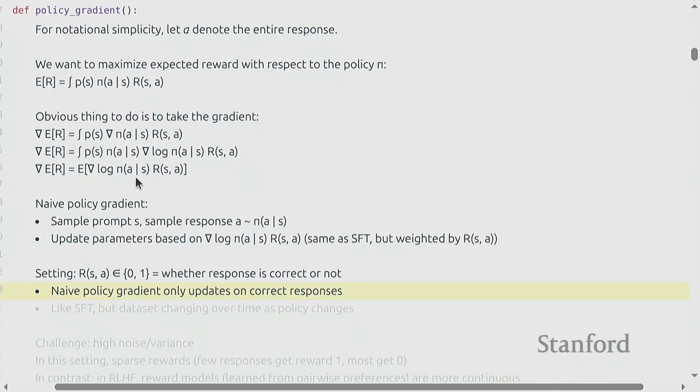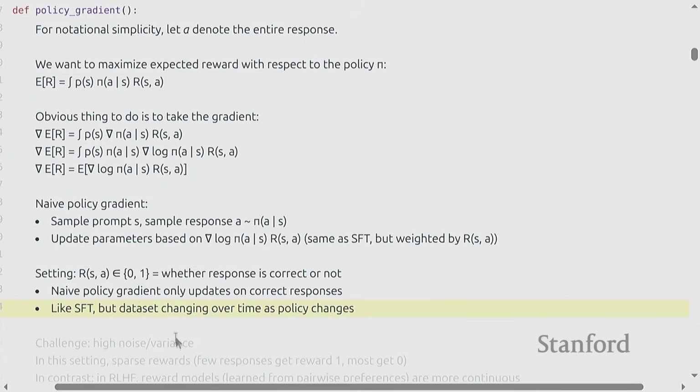So you essentially select the responses that are correct, and you just do SFT on this. The only difference is that the data set is changing over time, because after you do an update, you have a new policy, and you generate the data set based on that policy, and you iterate and so on. But this is very natural.